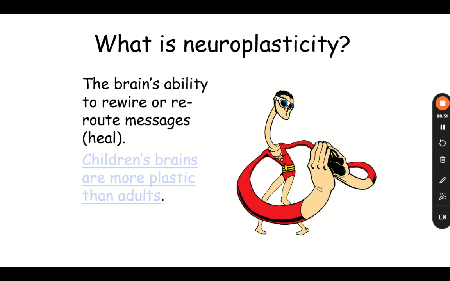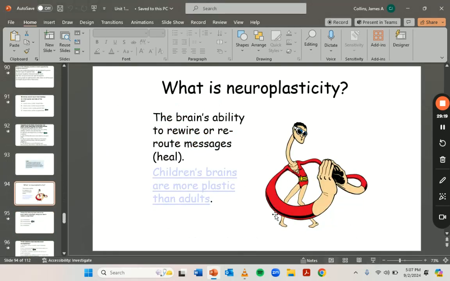It won't necessarily heal, but old parts of your brain will take over for functions that the damaged part used to do. And the younger you are, the better your brain can do this. So if you're going to get brain damage, do it when you're young because your brain will adapt. I've got a video for you, and this is important.